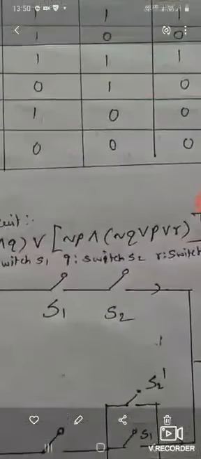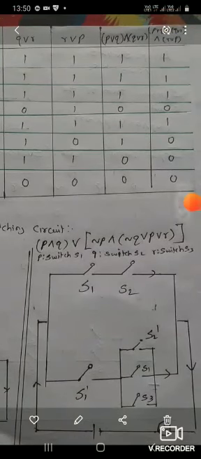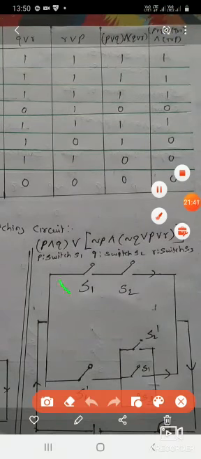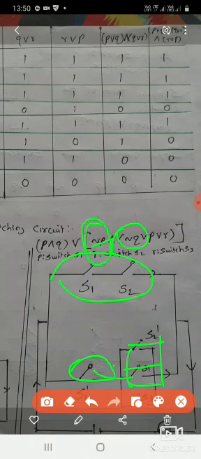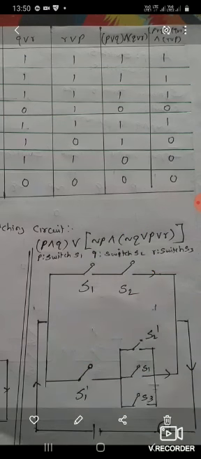Now listen, see this one. First one is P and Q. Next one, negation of P in series connection with negation of Q, three are parallel. Negation of Q is compulsory, negation of P is compulsory with all. So we are getting this connection.